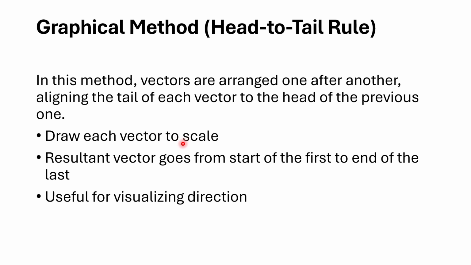Draw each vector to scale. The resultant vector goes from the start of the first to the end of the last, as I have told you, from the tail of the first vector to the head of the last vector. This method is useful for visualizing the directions of all the vectors and also the magnitudes.